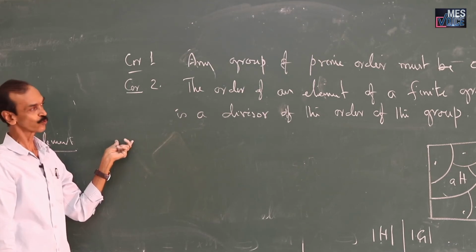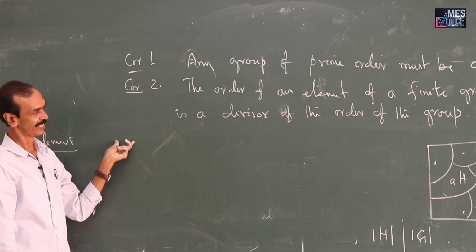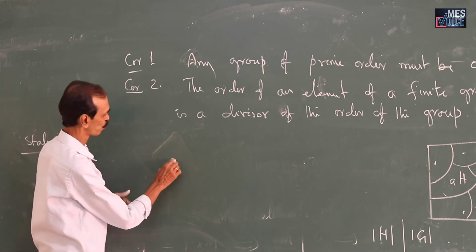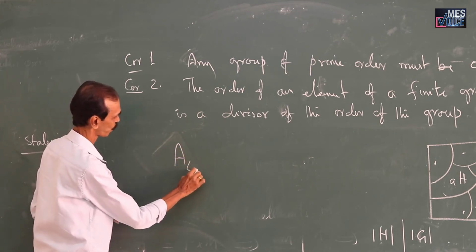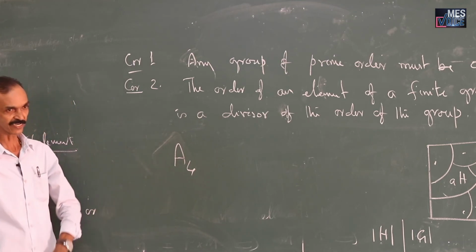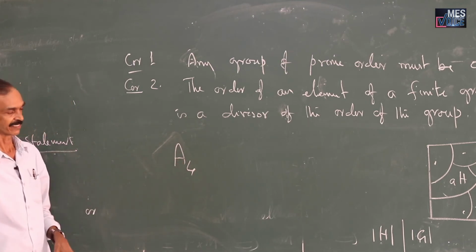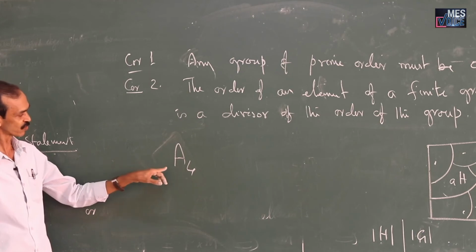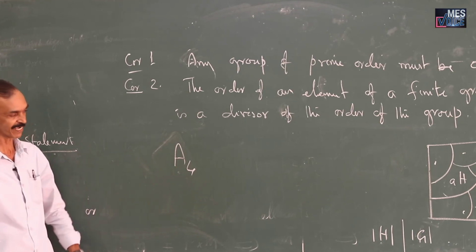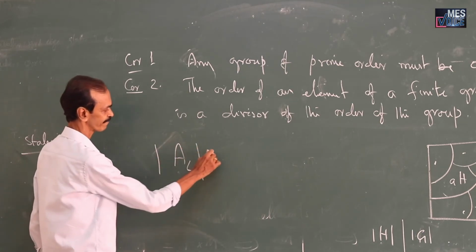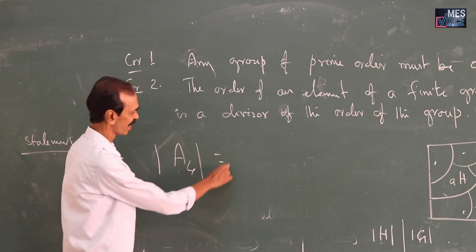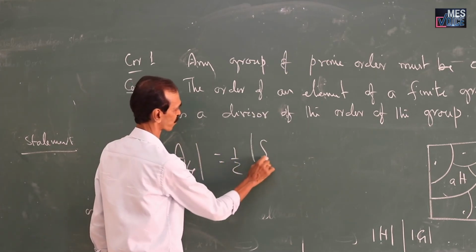We can point out an example. A very good example available is the group A4. A4 is a group you are all familiar with. This is the alternating group on 4 symbols, and what is its cardinality? Its cardinality is half of the cardinality of S4.